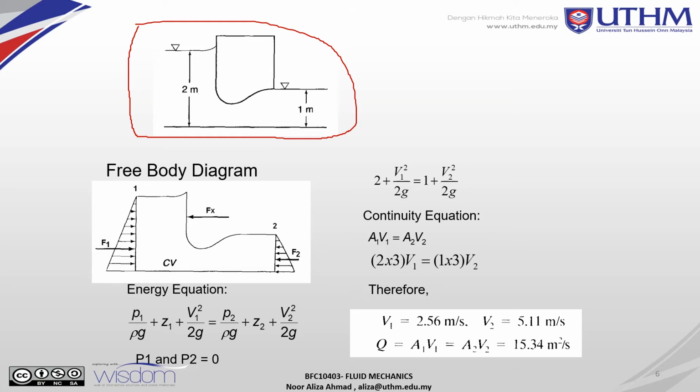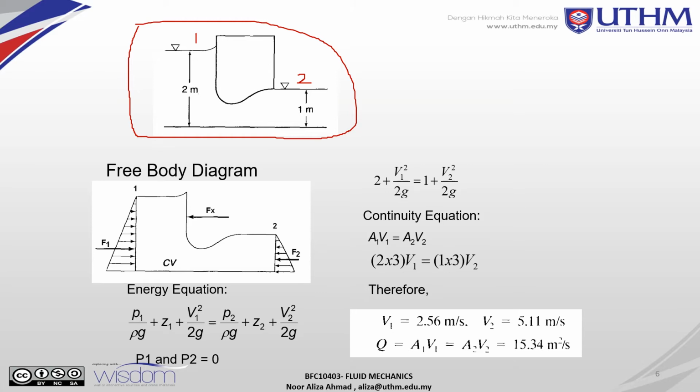Using the energy equation, or the Bernoulli equation, we find the pressure at point 1, before the structure, and point 2, after the structure. That's why we get F1 and also F2 here.